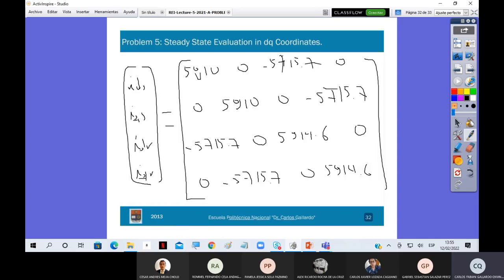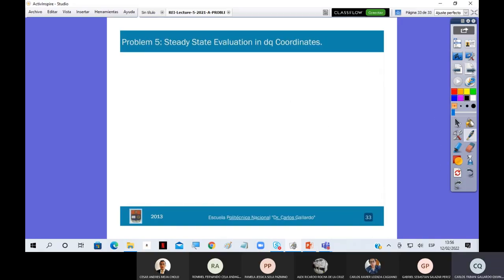Okay, times the fluxes, right? So we have already computed fluxes in the previous step. So 1.81, 0, 1.6, and 0.43. Okay, so therefore we have the currents.